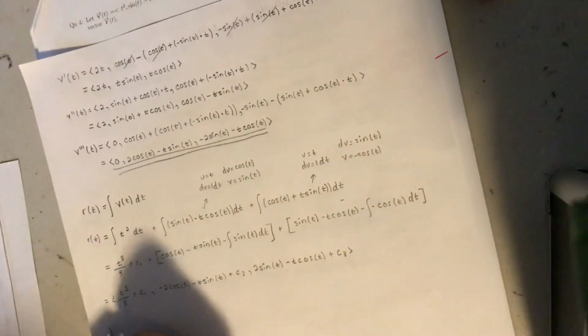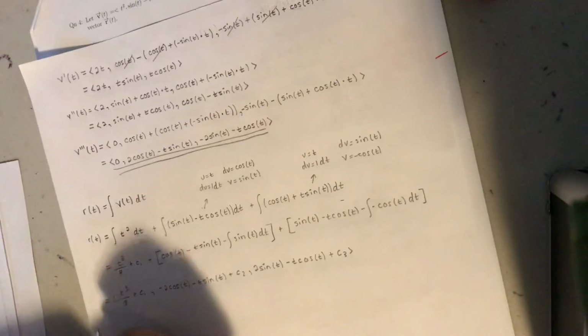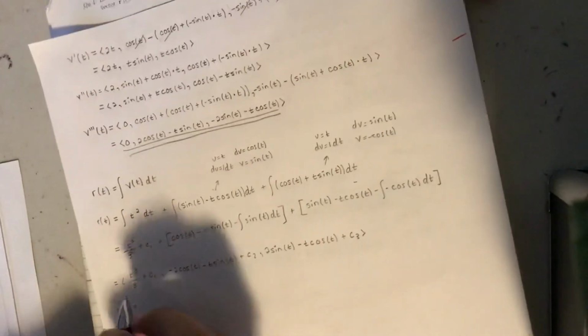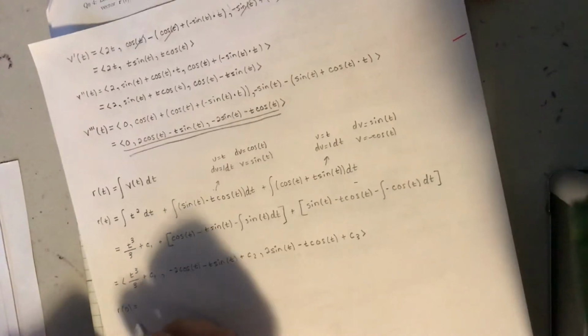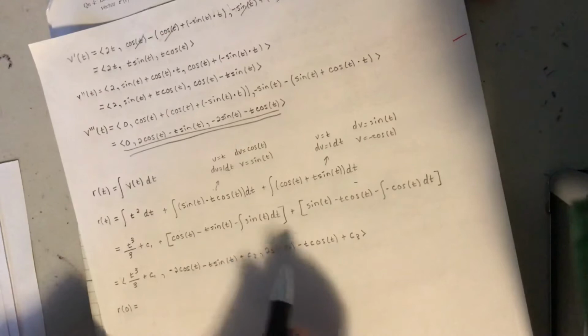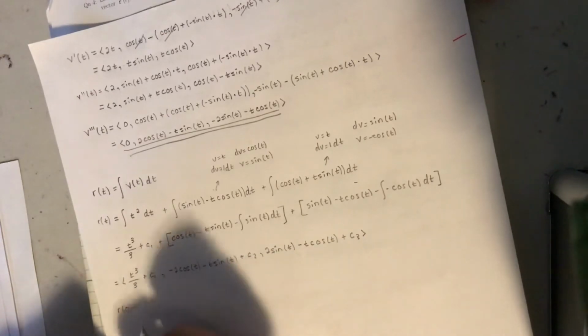Then plugging in t equals 0 to our position vector, we can find our c1, c2, and c3.